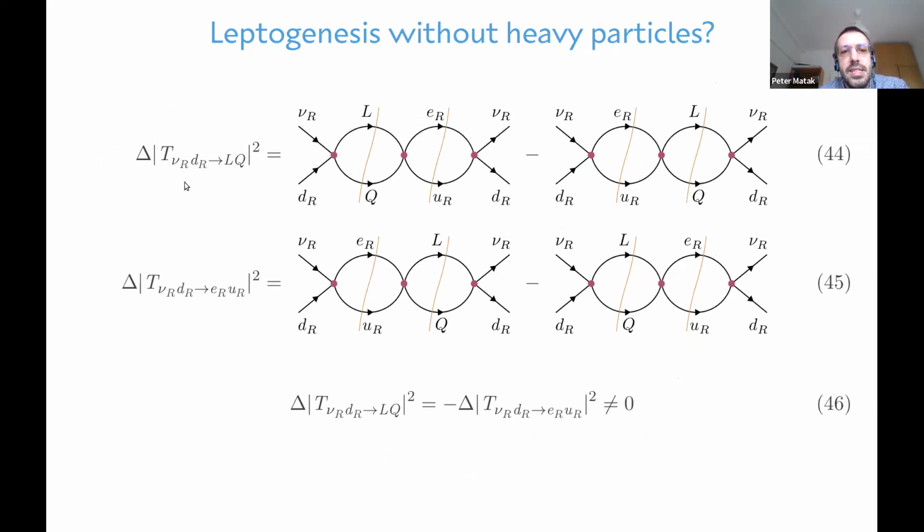So we look for the asymmetries with right-handed neutrinos in the initial state. And it turned out that the only initial state leading to asymmetry must contain a right-handed neutrino and a right-handed down quark. 2 possible final states are the left-handed doublet and electron, and the up quark singlet, and we'll get 2 asymmetries equal in size but of opposite sign.